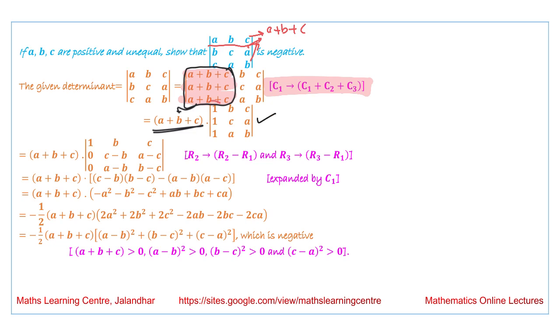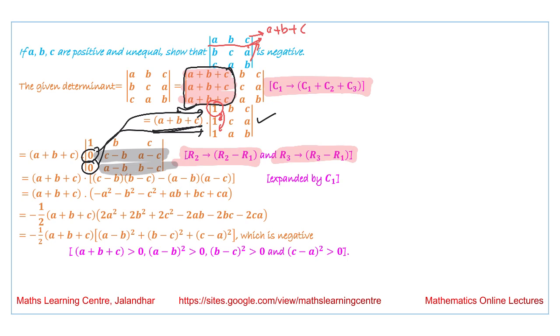Next, with the help of this 1 we have to make both these terms 0. So we have performed the operation that row 2 approaches row 2 minus row 1, and row 3 approaches row 3 minus row 1. This value becomes 0 and this value becomes 0, and correspondingly the values of these elements are changed.